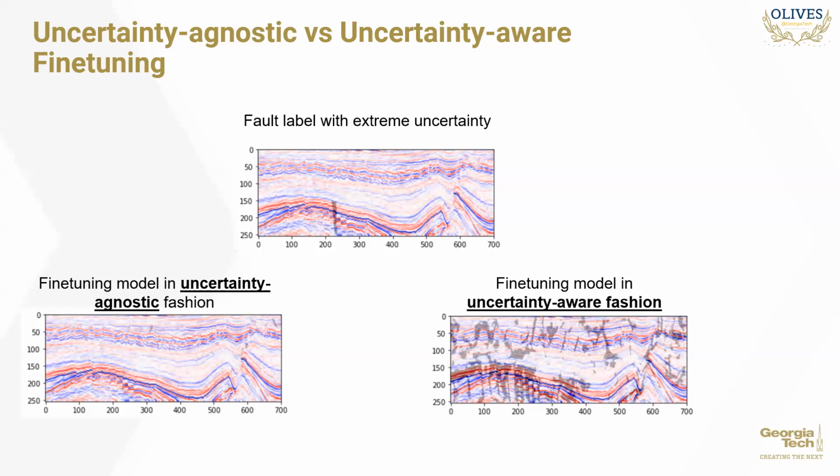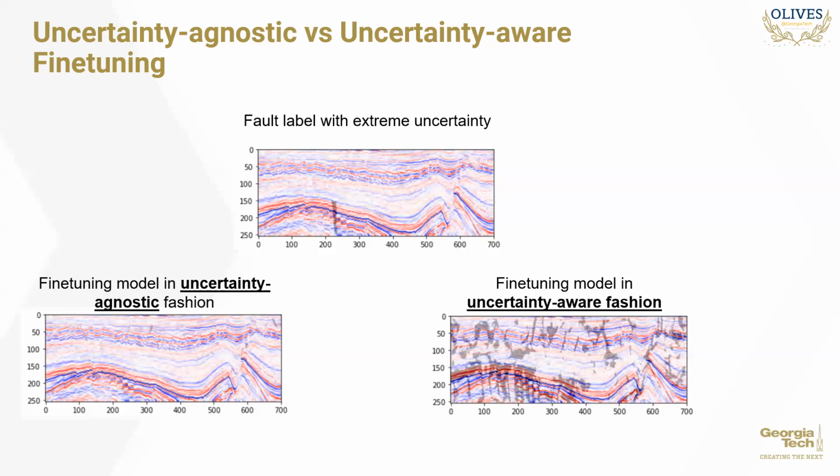And this makes sense because of the reasons I stated earlier, because the network is seeing a lot more pixels that have no fault versus pixels that actually have a fault. As opposed to if you were to account for the uncertainty that is present in the labels using the approaches that I described, you get not only the faults, the original fault back, but also the other faults that were not actually annotated in the original image at all.